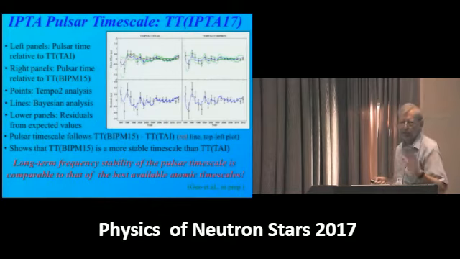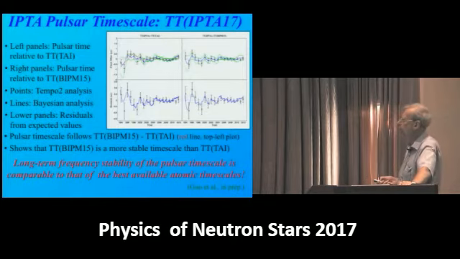The clock people believed that it was, but they didn't really know for sure, and we've now proved that. And it also shows that the long-term low frequency stability of the pulsar timescale is comparable to that of the best atomic timescales.